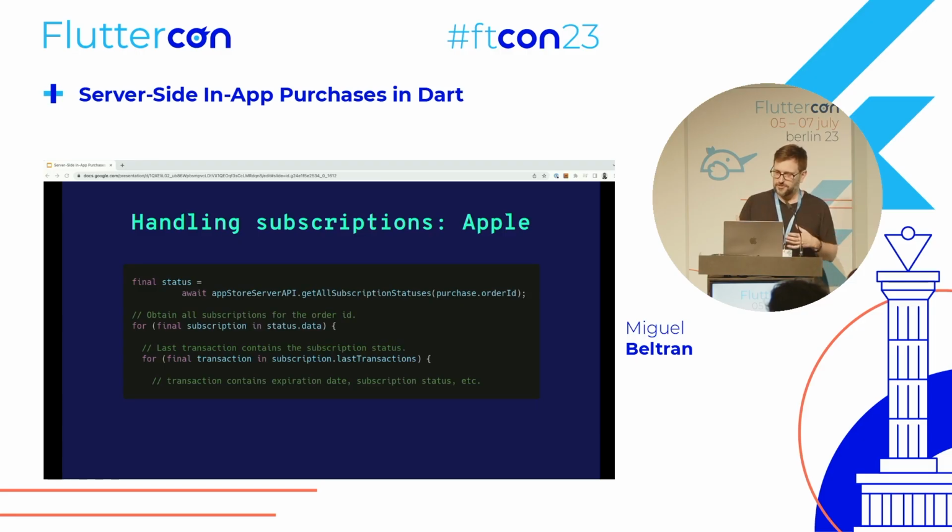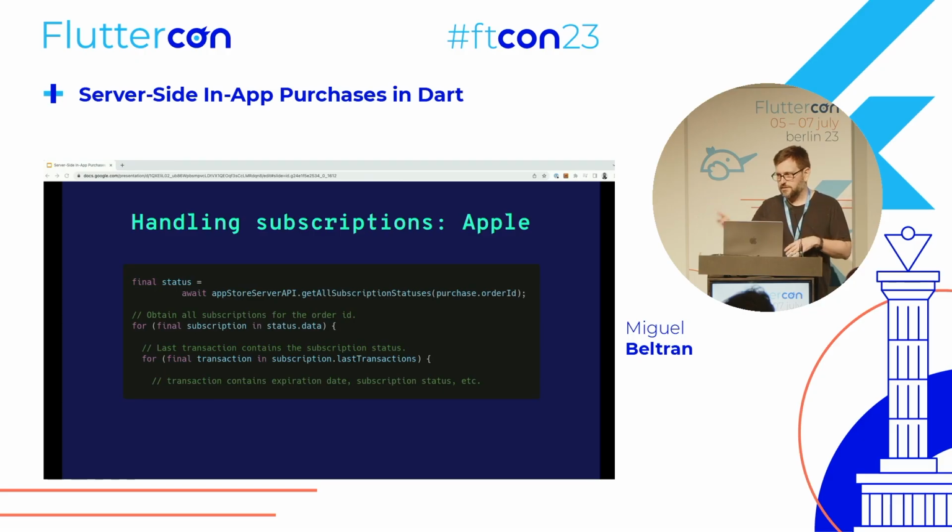And for every subscription that you have for the same order ID, you need to go and look for the last transaction. The last transaction is going to give you information like the status of the payment, or if the user has canceled the subscription or not. It's going to give you also the expiration time for this subscription. So you can get all this information and update your database accordingly.